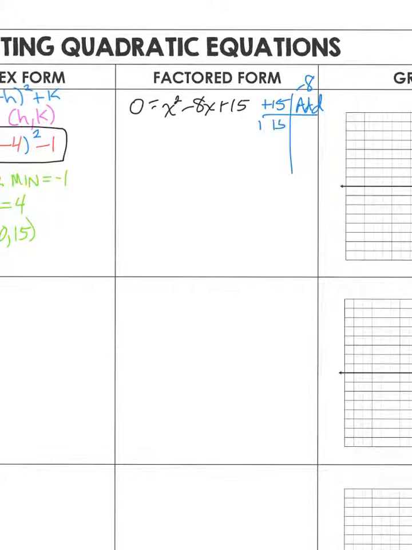So 1 and 15 adds to give us 16, and 3 and 5 adds to give us 8. So my 8 is negative, so the bigger of the two is negative. The 3 is going to have to be negative as well. So we get 0 equals x minus 3, x minus 5. Set each of those equal to 0.